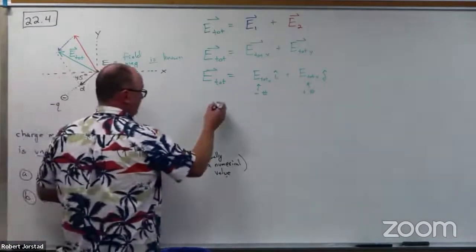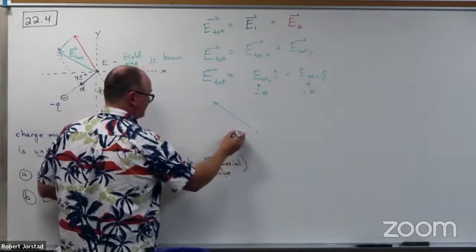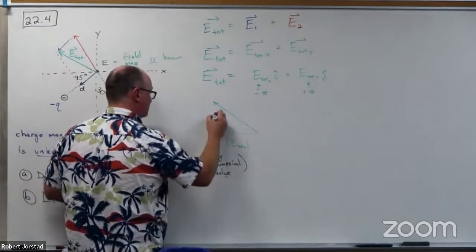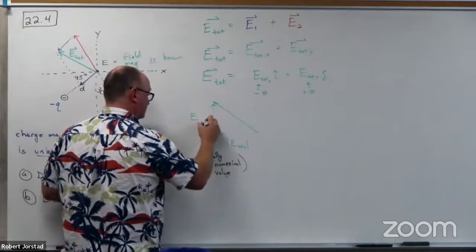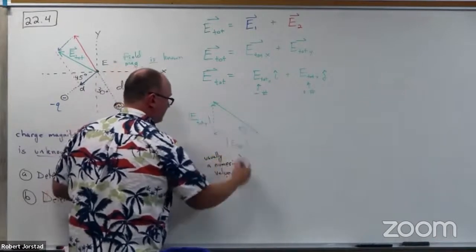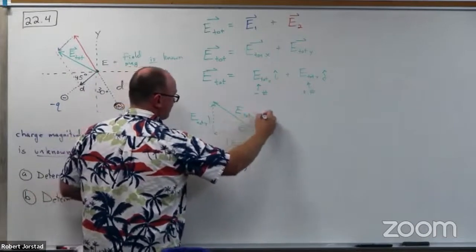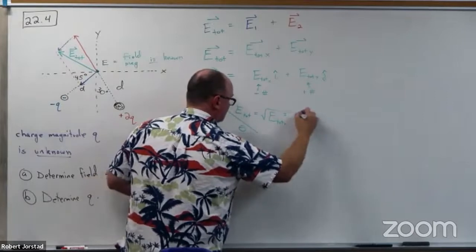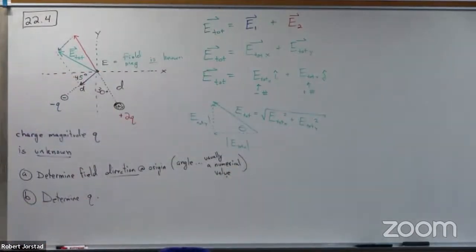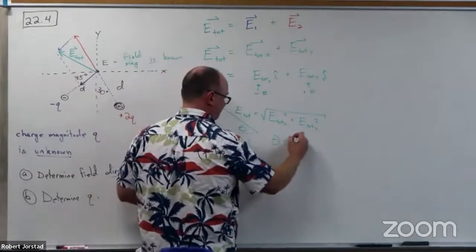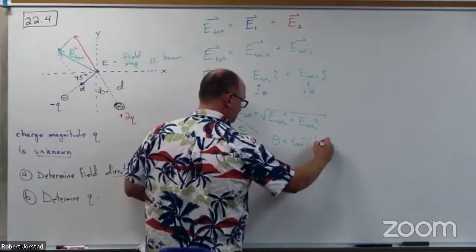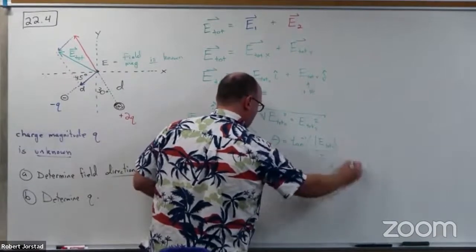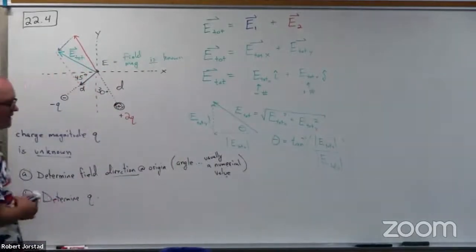Well, if I draw this picture, I guess I don't need absolute values there, but don't need absolute values in here because when I square them, again, I don't really need the absolute values here, but I'm treating this like a triangle.